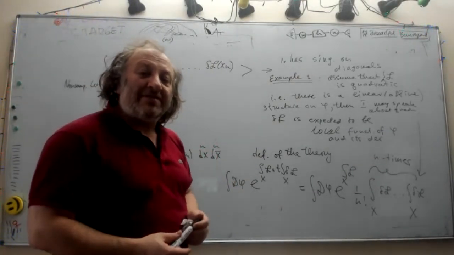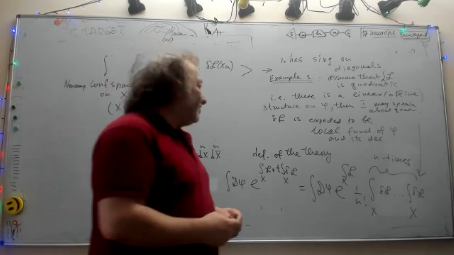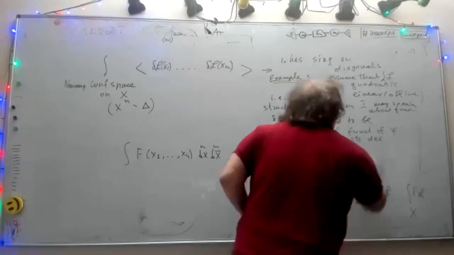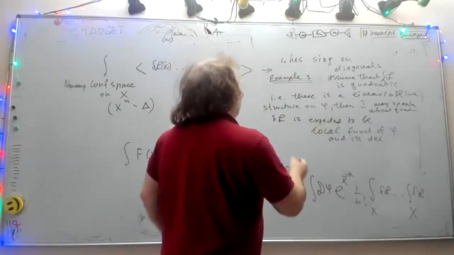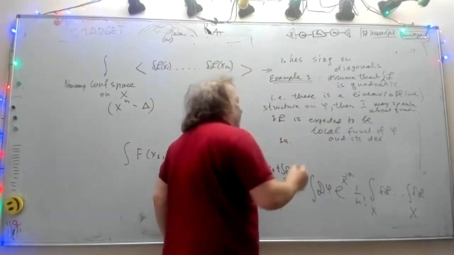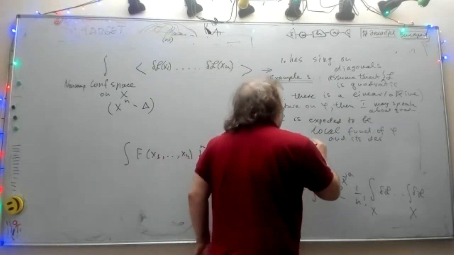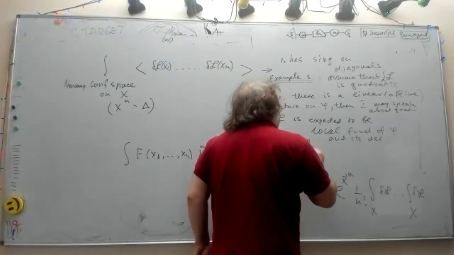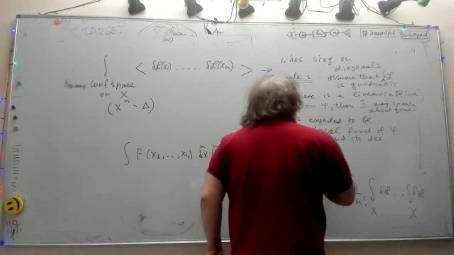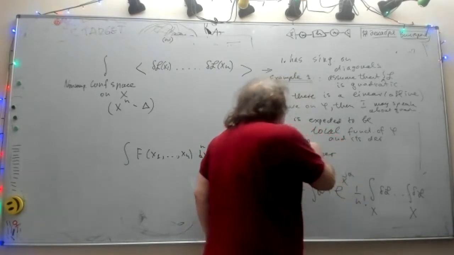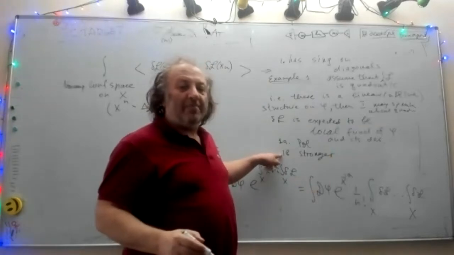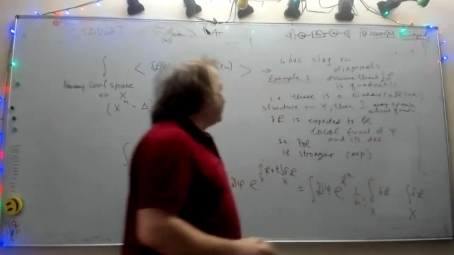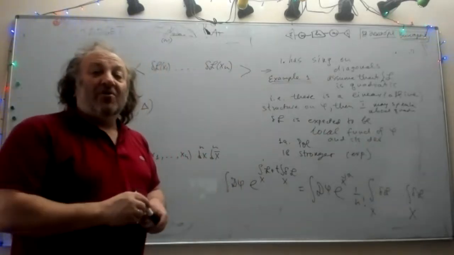You may ask what happens if they are not polynomials. Here I unfortunately have two cases. Case 1a, polynomials. Case 1b, stronger. Among examples in 1b, I say exponentials. And we will consider these cases one after another.